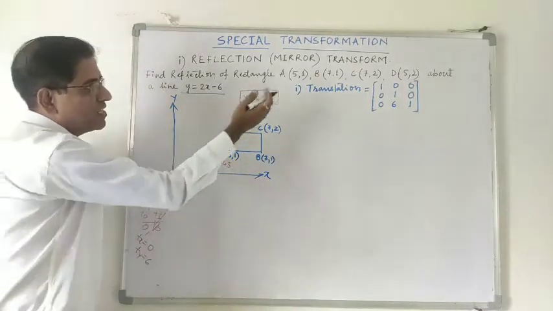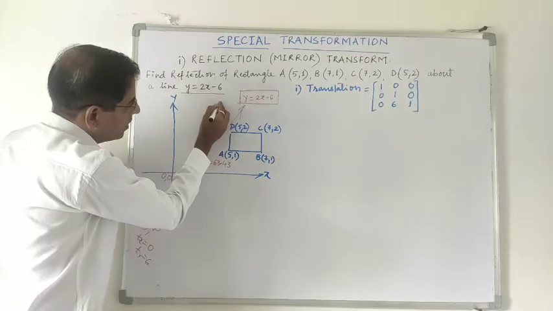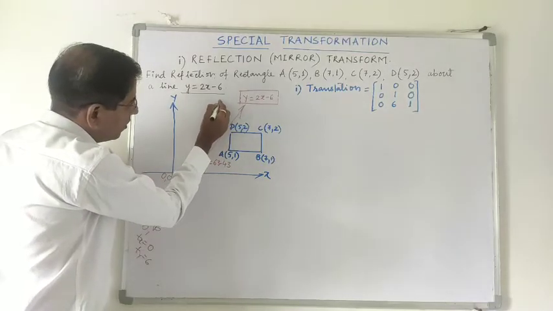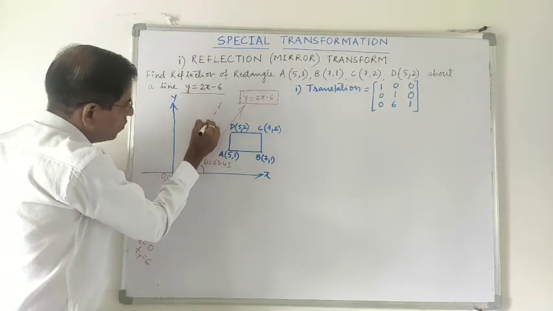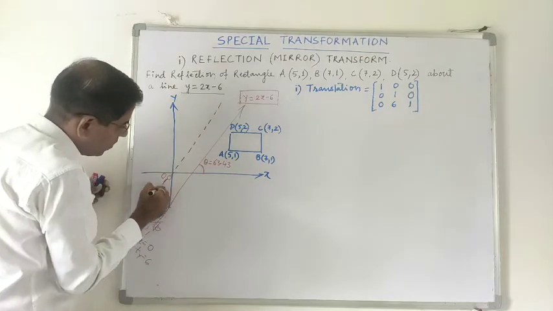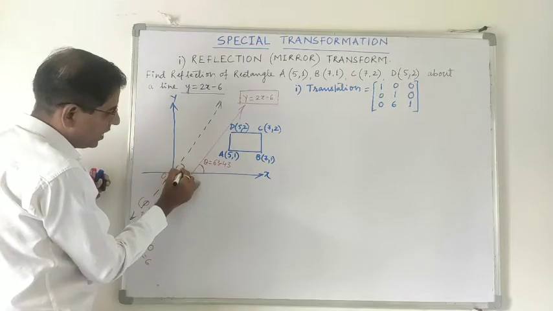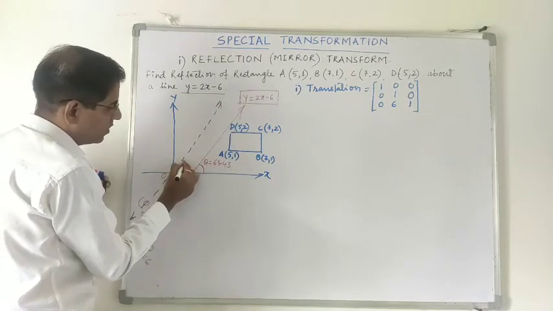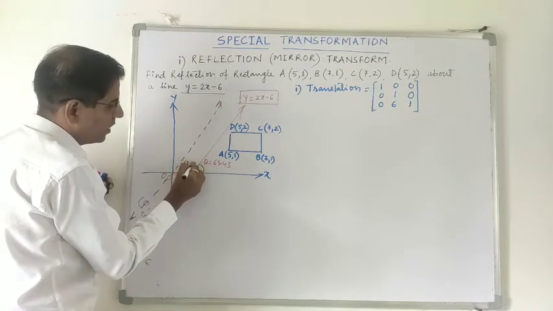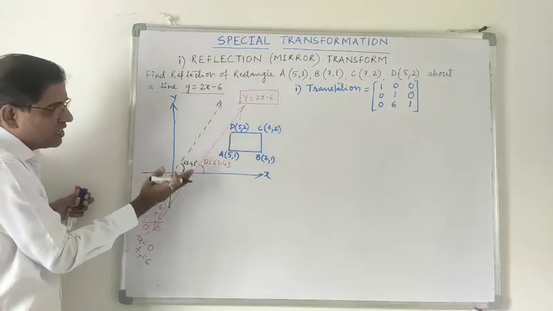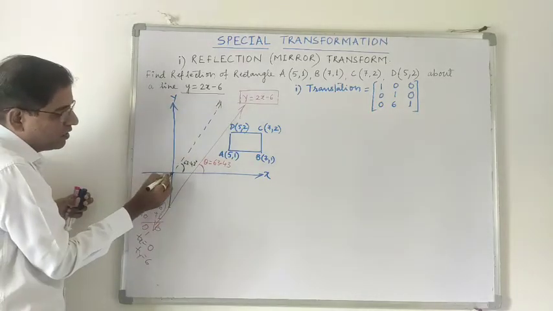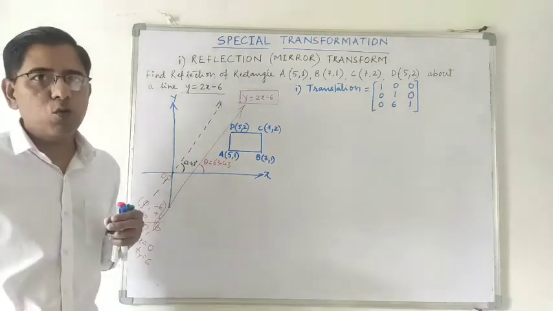After this translation, the line is parallel but now passing through the origin. The inclination of this line is the same, 63.43, but because of the translation, the line is shifted so that it passes through the origin.